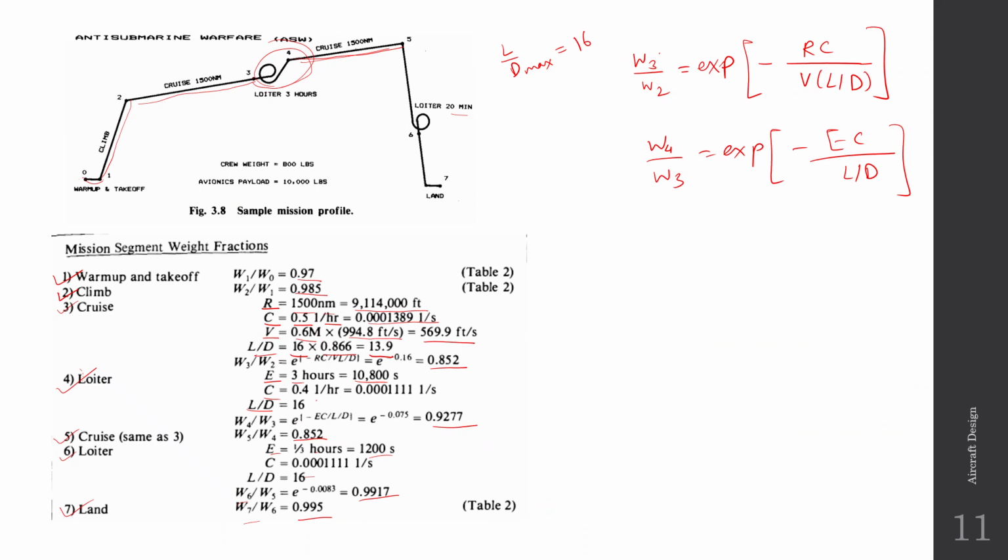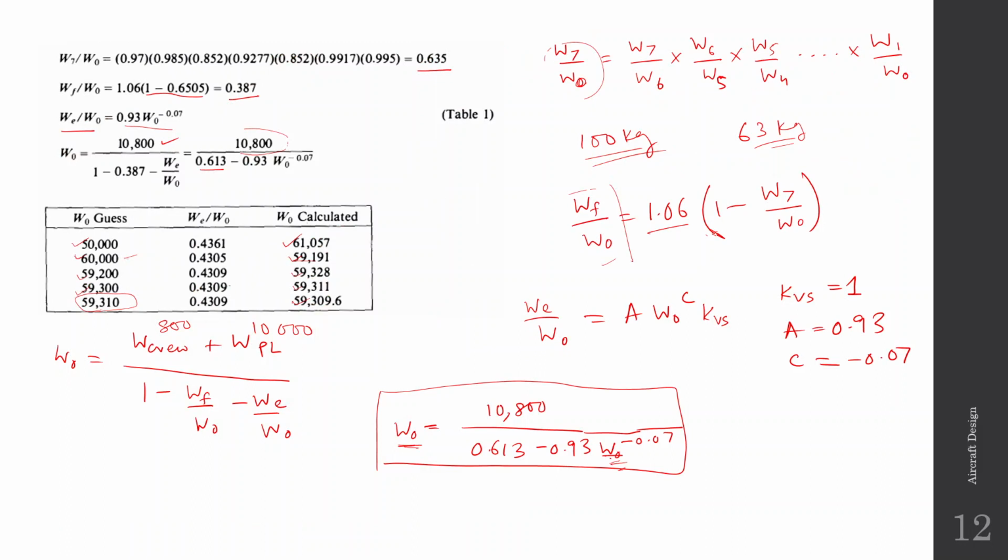Then we calculate the weight ratios, and we multiply all of the weight ratios to get W7 by W naught. If we multiply everything, all the terms cancel and we get W7 by W naught.